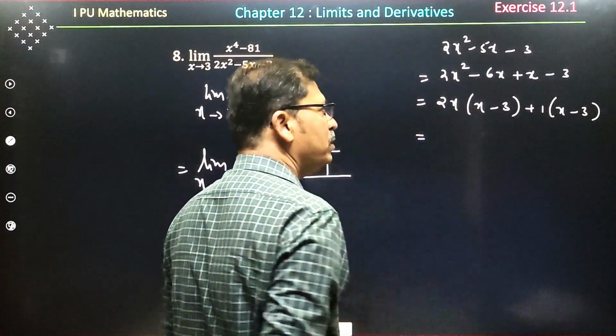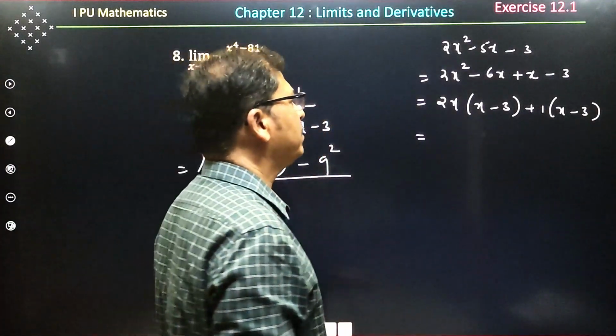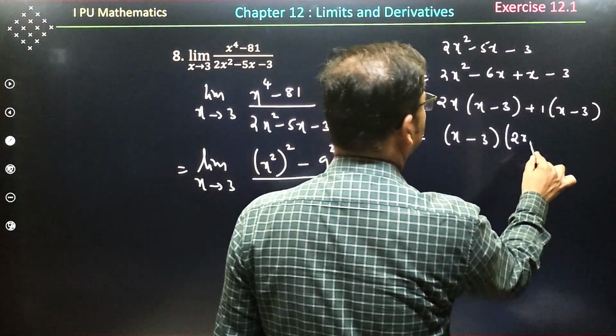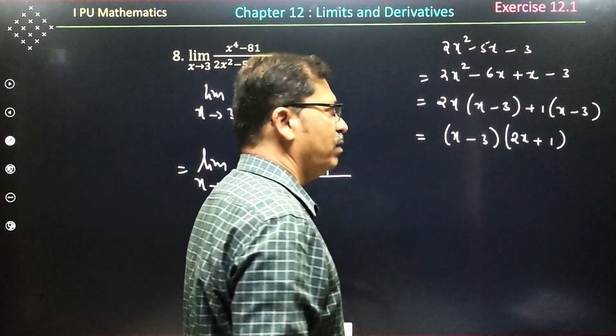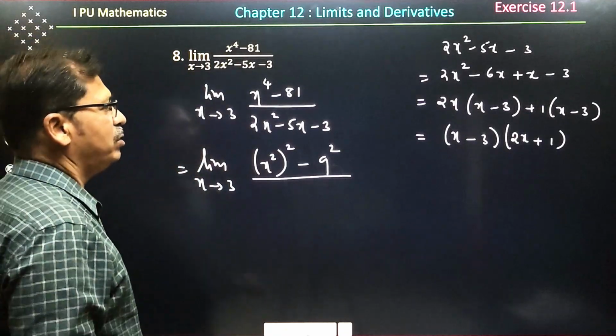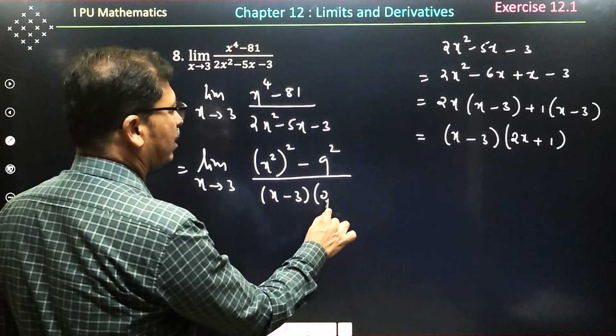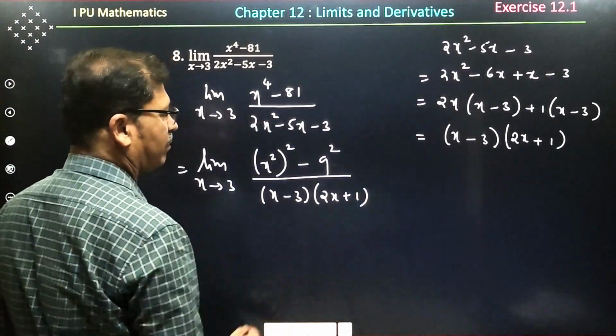Taking x minus 3 common, this is x minus 3 into bracket 2x plus 1.